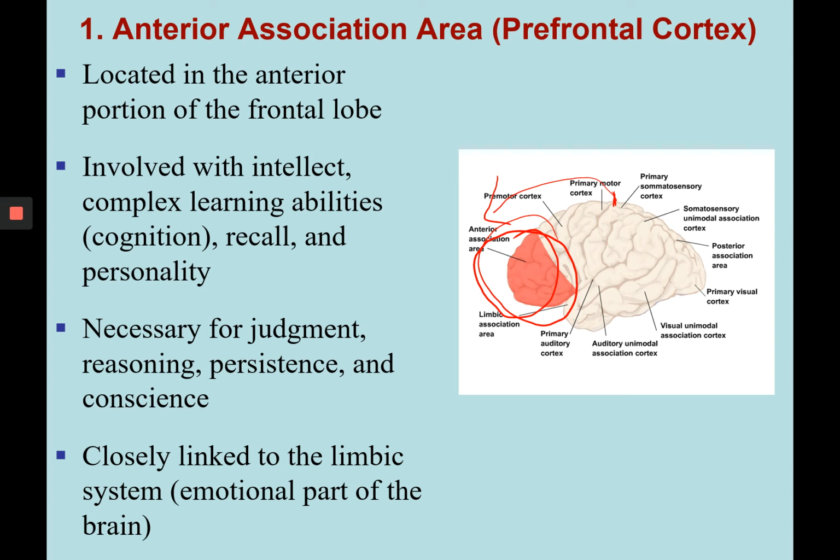It's also closely linked to the limbic system, or the emotional part of the brain. And the prefrontal cortex doesn't fully develop until we're in early adulthood. That's one reason that preteens and teenagers are abrupt in their actions. Things that they decide on may not make the most sense if we try to think of how they were linked together, because their limbic system and prefrontal cortex are not fully developed.